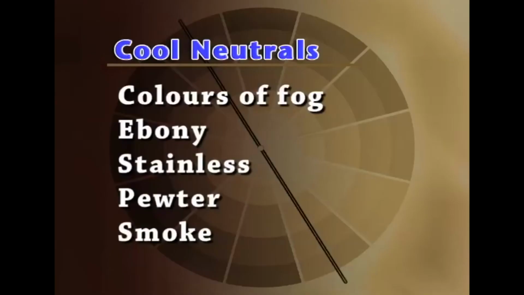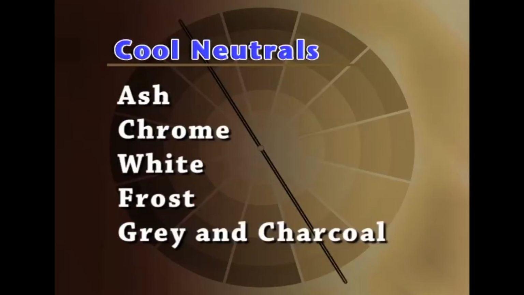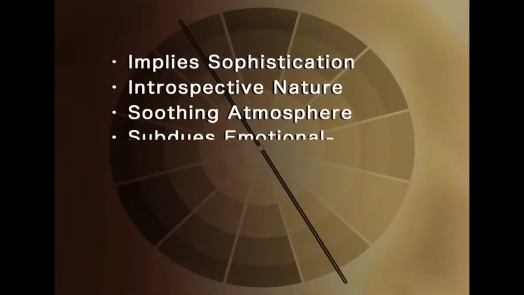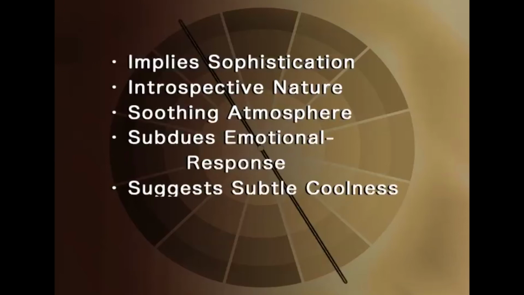These hues include colors of fog, ebony, stainless, pewter, smoke, ash, chrome, white, frost, grey and charcoal, etc. And they have a feeling of subtly receding away from the viewer. Implies sophistication, introspective nature, soothing atmosphere, subdues emotional response, suggests subtle coolness and versatile nature.